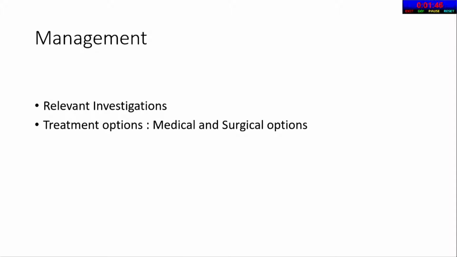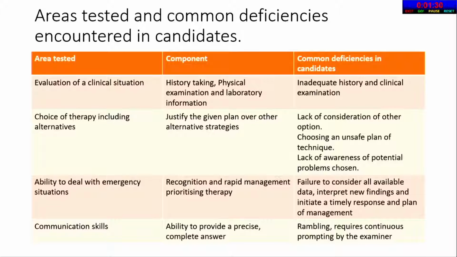Then management: relevant investigations and treatment options. You have to know medical and surgical options and support every option. For a patient of NVG, you can do trabeculectomy with MMC, supported with evidence. You can do an implant, AGV or ADI, supported with evidence. These are the areas tested during a long case presentation, and the deficiencies seen in most candidates.